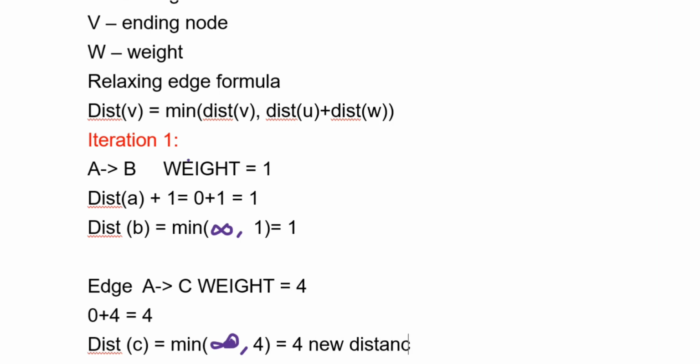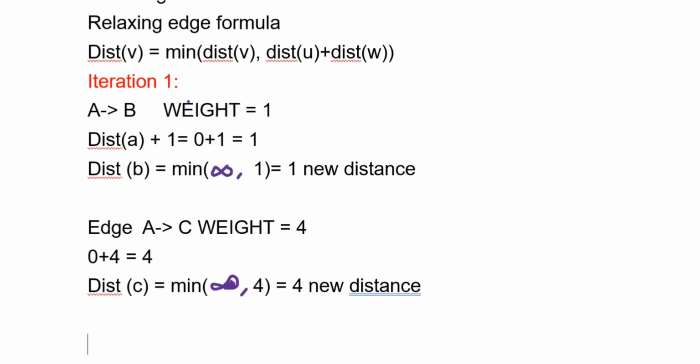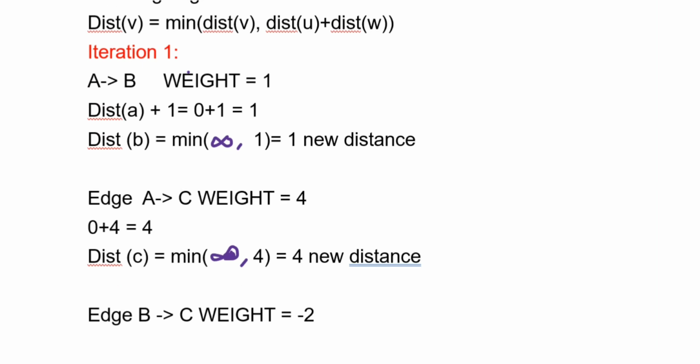Next we substitute: the minimum of 4 comma minus 1 is minus 1. So the new distance to C is minus 1.